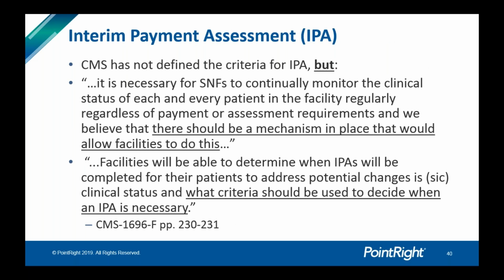Again, the interim payment assessment, as Jen alluded to, is voluntary. There are no real guardrails around that now from CMS, but they expect that centers and organizations will create their own, that they will have a process, a mechanism to identify changes. They should have it in place now, and it should be used for everybody.